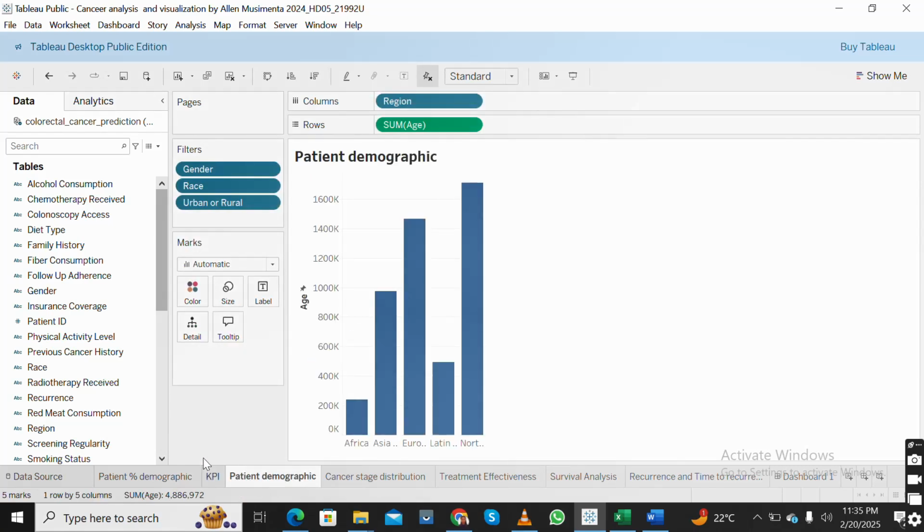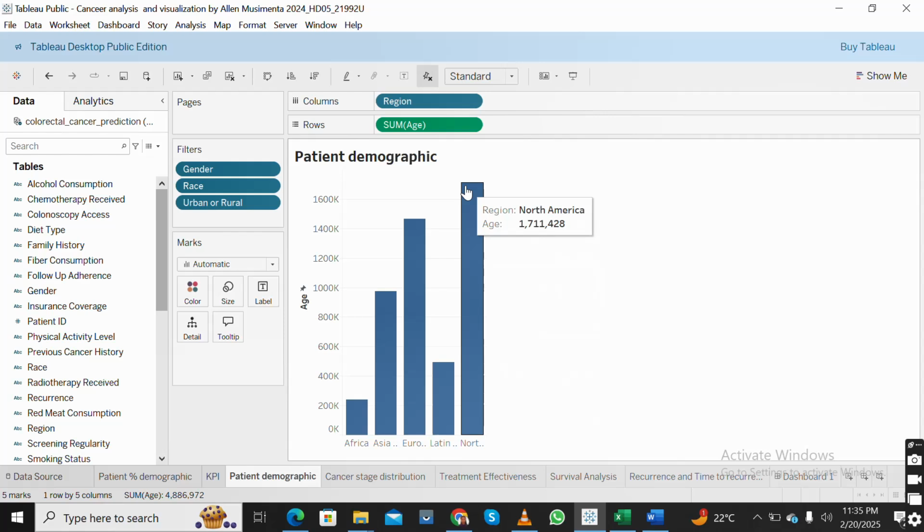So that is our key performance indicators that maybe people need to know. When you go to the patient demographic, here we use the bar graph, whereby on this bar graph you're looking at Africa, Asia, and different regions, and how each is showcased.